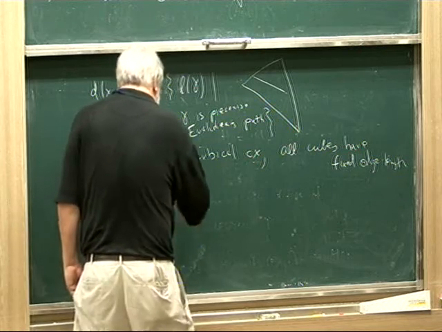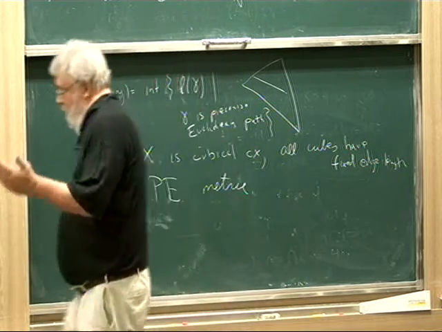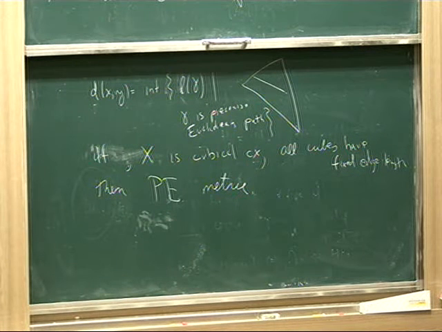You could do it in other contexts too, if you have simplices of a certain shape. And the question is, when is one of these things non-positively curved, or when is its universal cover CAT(0)?